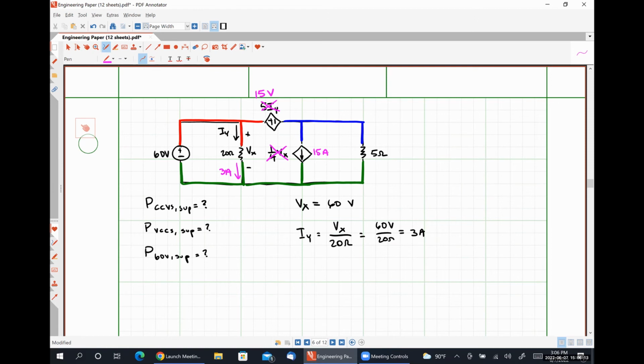I'm going to clean things up just a smidge here so that it's not quite busy looking.